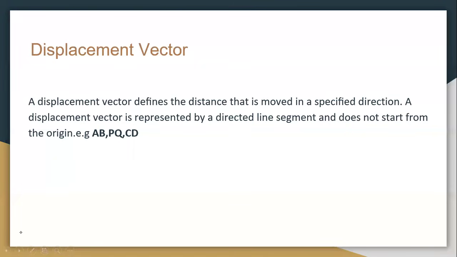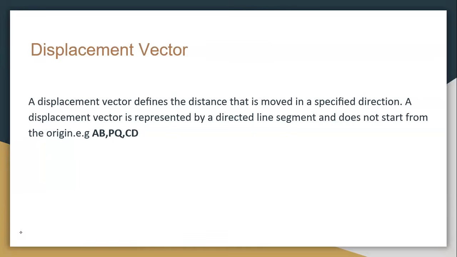Then we have other vectors, what we call the displacement vector. Now, when we talk about a displacement vector, those vectors do not start from the origin. So far the vectors we have looked at start from the origin.